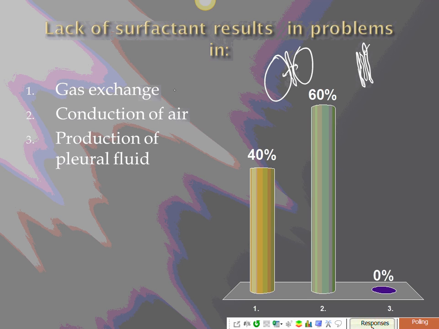So it's gas exchange which becomes a problem, not conduction of air. Conduction is going to occur normally because air comes all the way down from the nasal cavity to the bronchiole. When it reaches the alveoli, it finds that you cannot inflate some of them, right? So the problem will be in gas exchange, which is why they have respiratory distress syndrome.